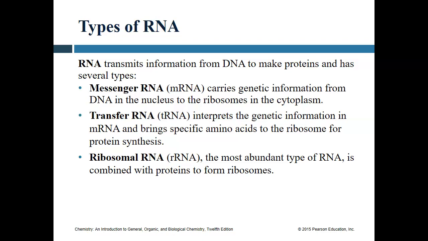Let's say you've got a gene and you want that gene to be transformed into some sort of functional protein. A series of processes happen inside the nucleus to copy that particular part of the DNA and turn it into something that can be used.